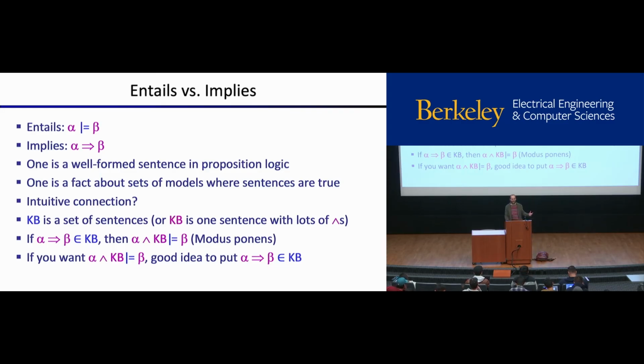So alpha and alpha implies beta entails beta. But yeah, this is the way to think about it, I think. It's like adding that to your knowledge base will allow you to entail beta once you also add alpha to your knowledge base.